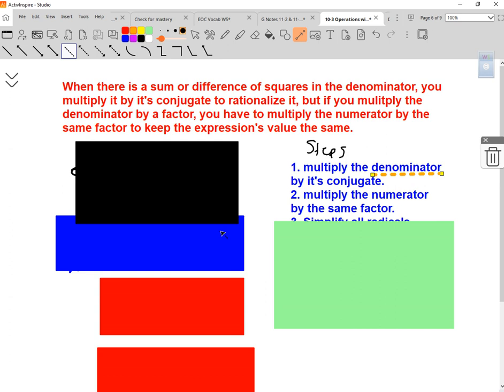Multiply the denominator by its conjugate, actually. The denominator by is what you're writing here. Then you're going to multiply the numerator by the same factor.